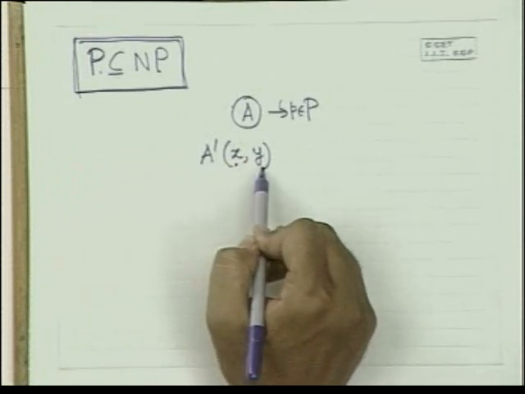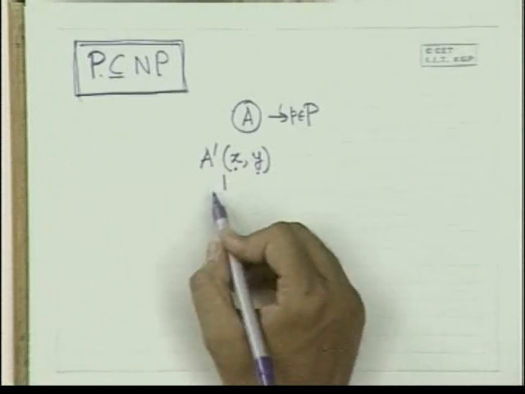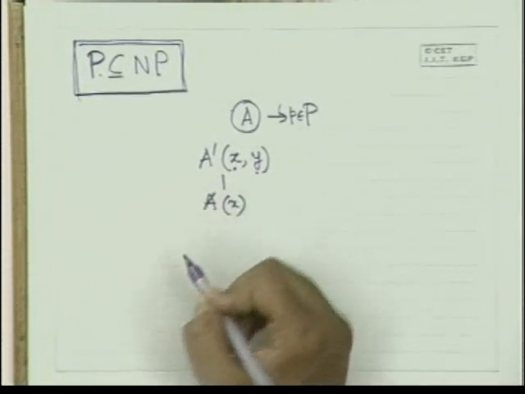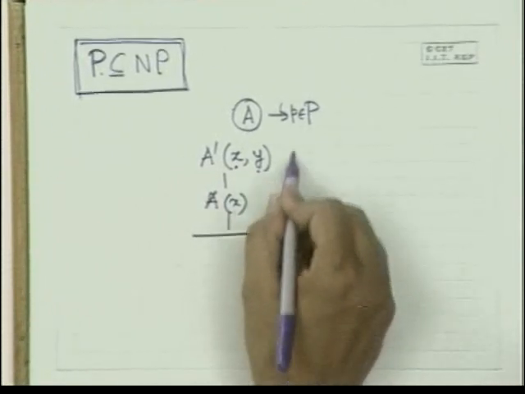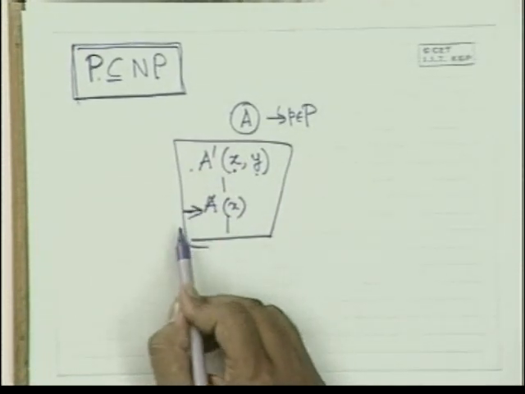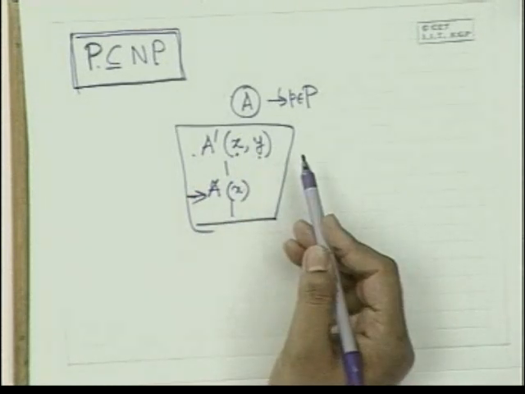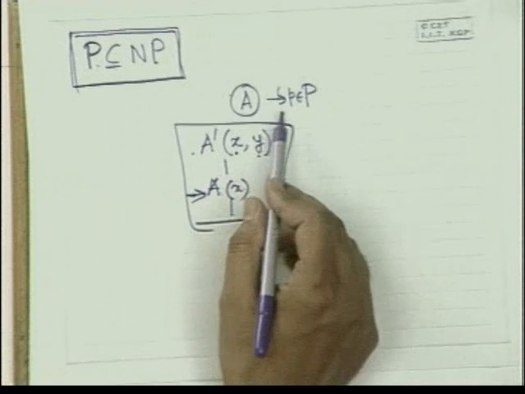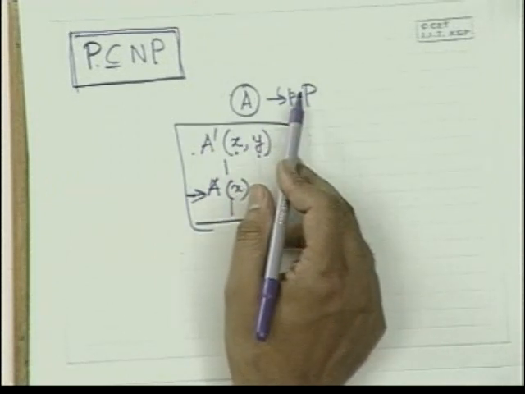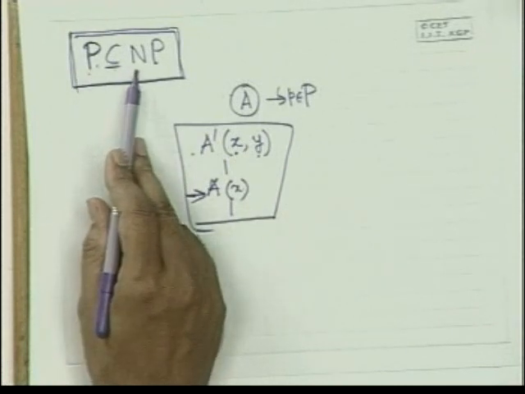So A prime(x, y), given the certificate, will ignore y and run A(x), and that's it. That is the algorithm for A prime, and we know this runs in polynomial time, so A prime also runs in polynomial time. So A prime is verifying x also in polynomial time. That means there exists an algorithm which can verify the problem P, and that means it belongs to NP, and that's why P is a subset of NP.